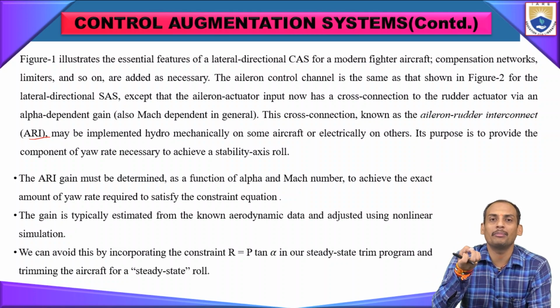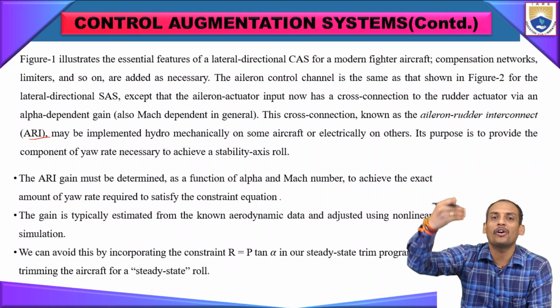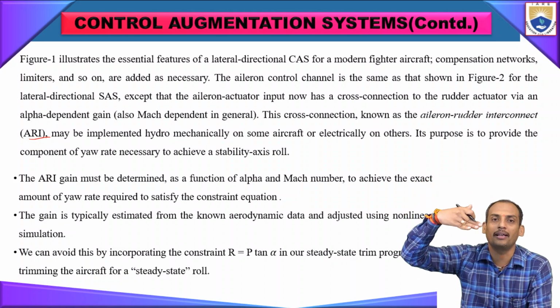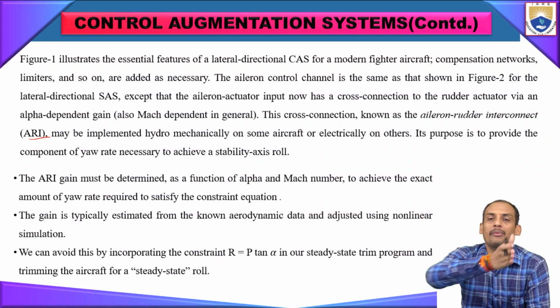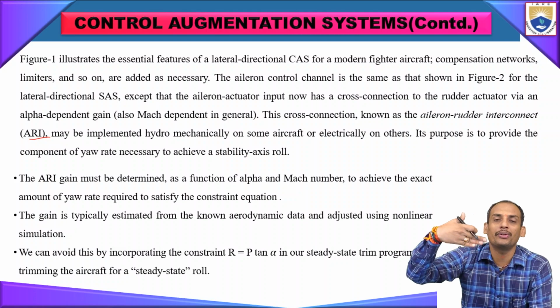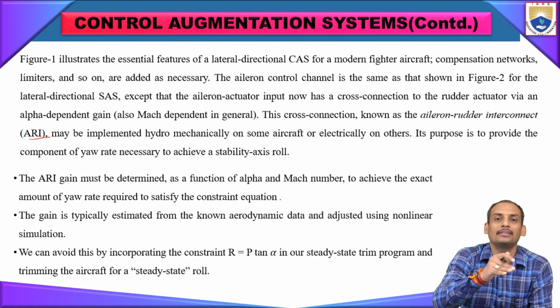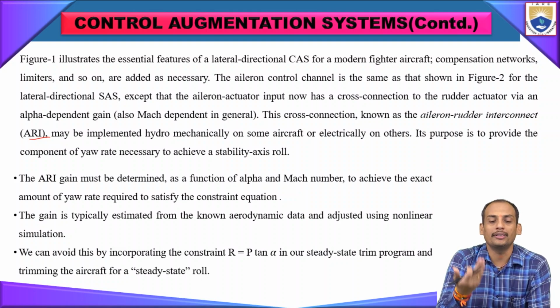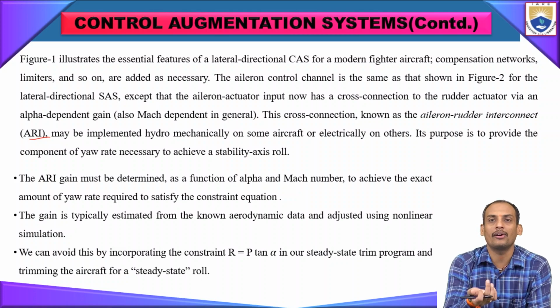By using nonlinear simulation software, we can get an idea of how much force is acting on the rudder, and how to avoid that in the control system, how to avoid those forces while getting this roll rate and yaw rate. We can avoid them by incorporating that constant R function.